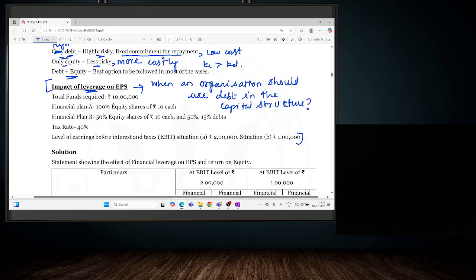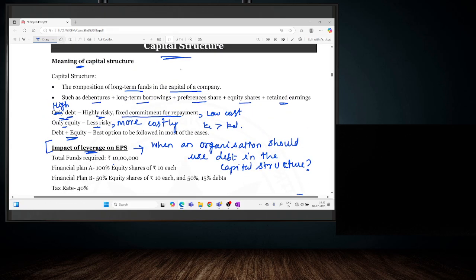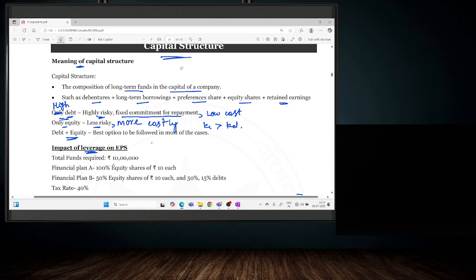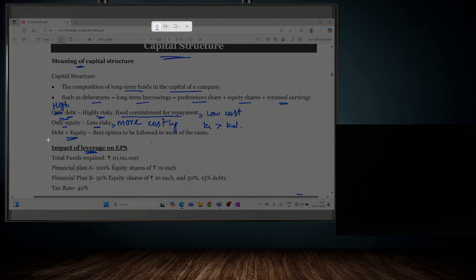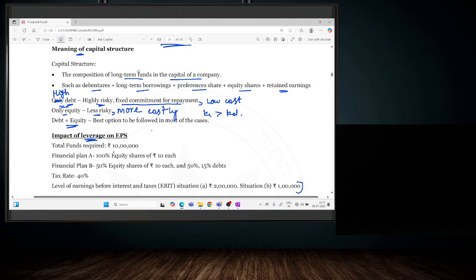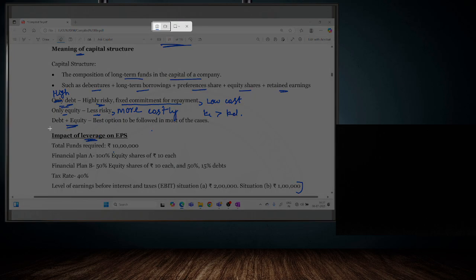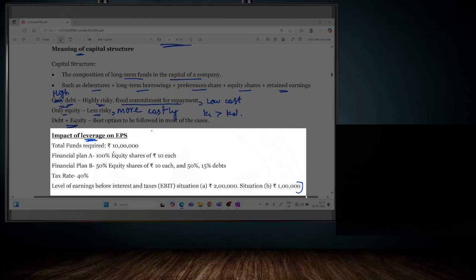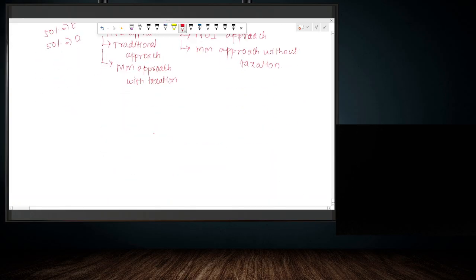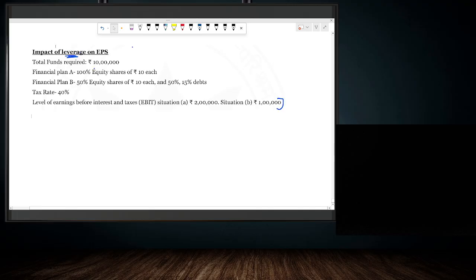I have included the solution in the notes itself, but still I will solve it for you so that you can understand it better. Now look at this example.